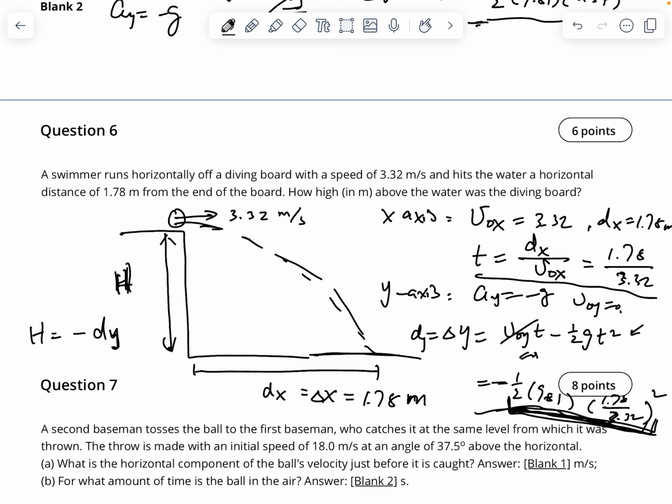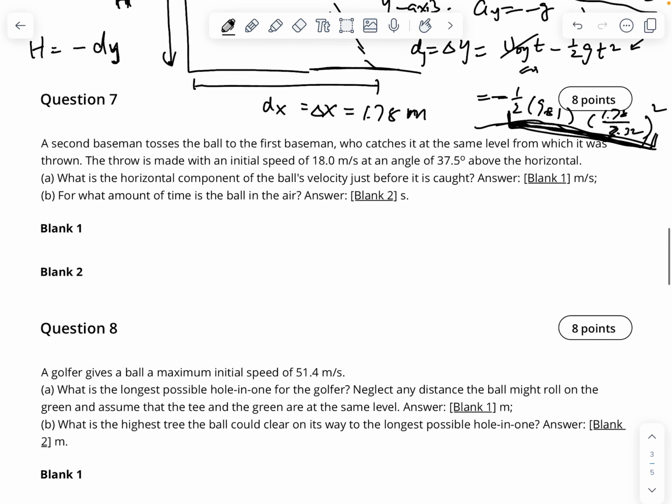Okay, alright, number 7. The second baseman tosses the ball to the first baseman, who catches it at the same level from which it was thrown. So same level, like this, right? That's what happened.